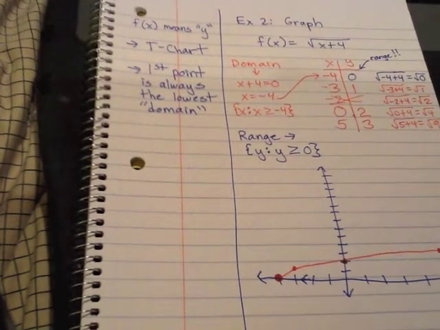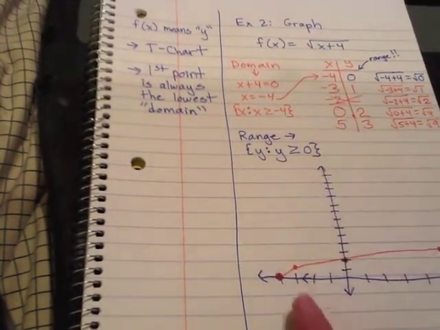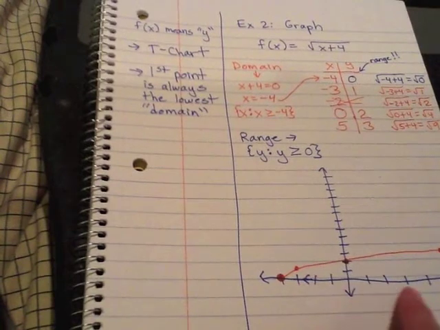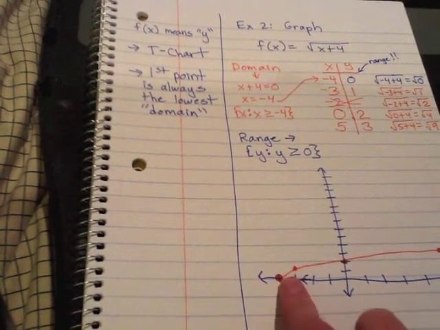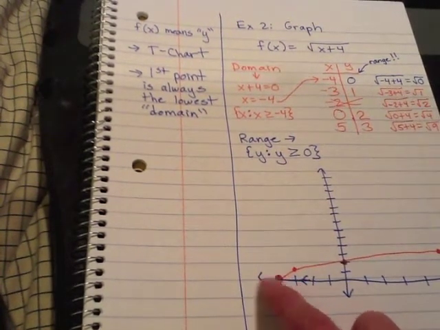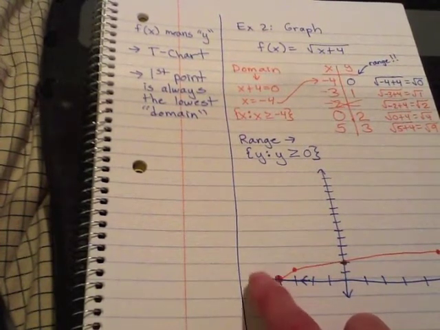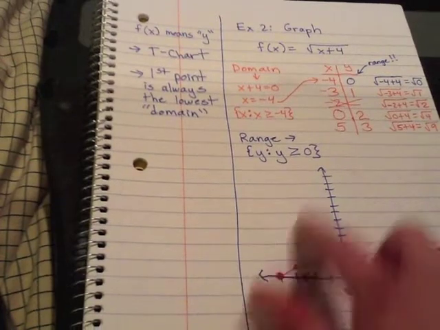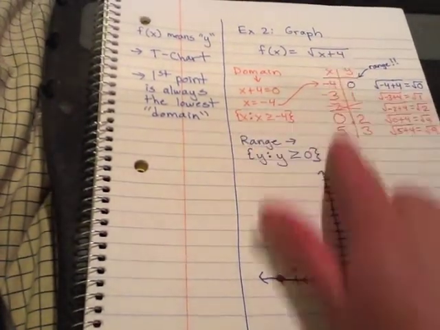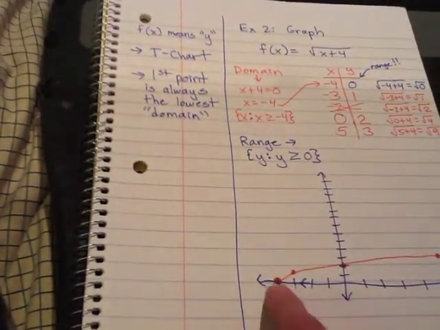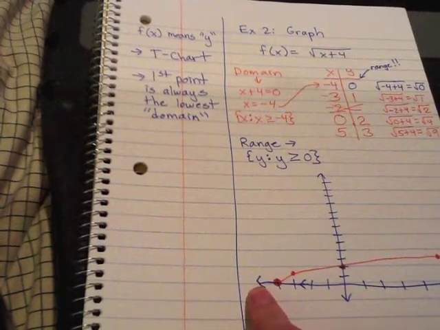So that's a recap on that. Once you have that, you just plug in some other points for x. You know that you're not going to plug in anything lower because you're not going to get an answer. If you were to plug in -5 for x here, you would have a negative in your square root, and it wouldn't be able to be graphed on here.